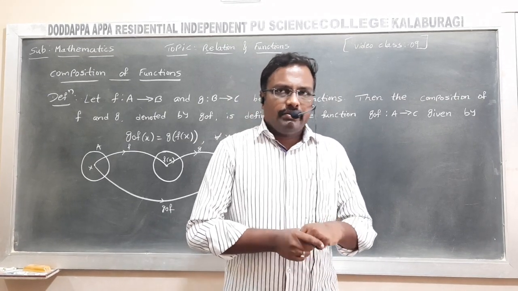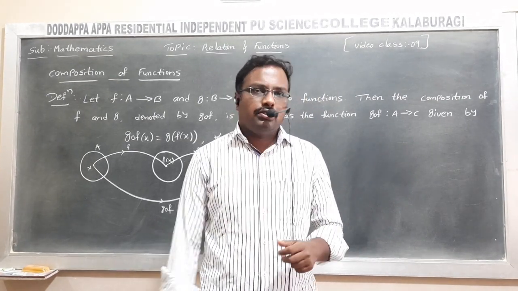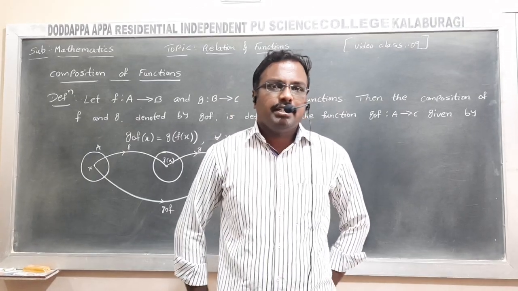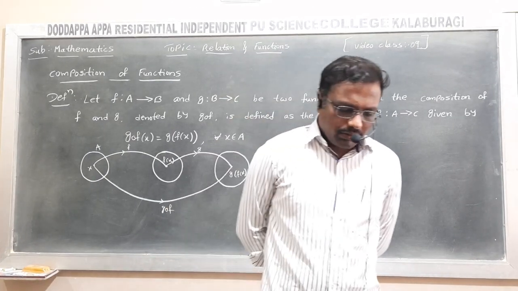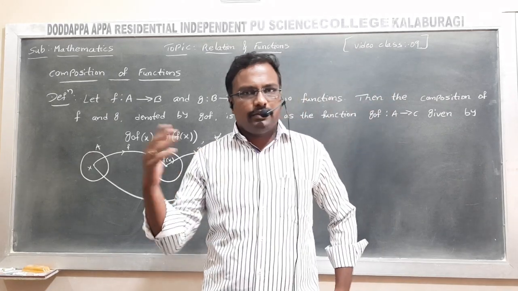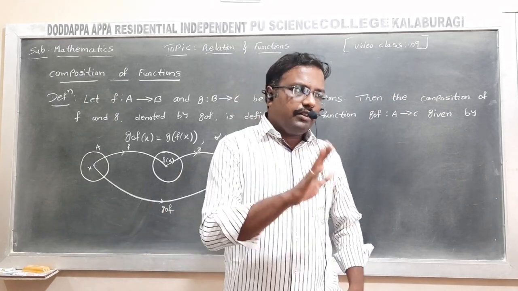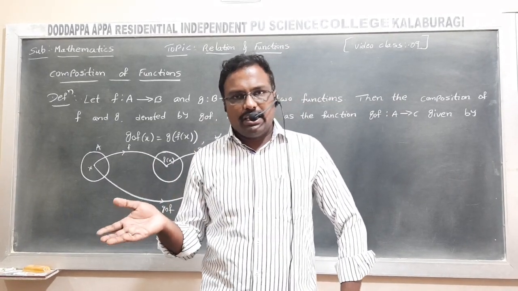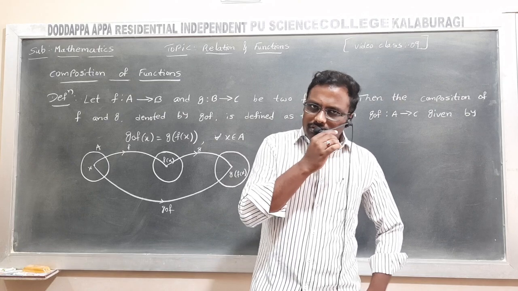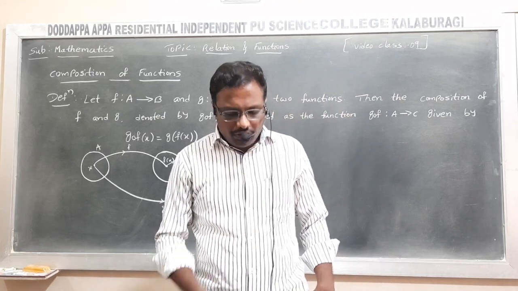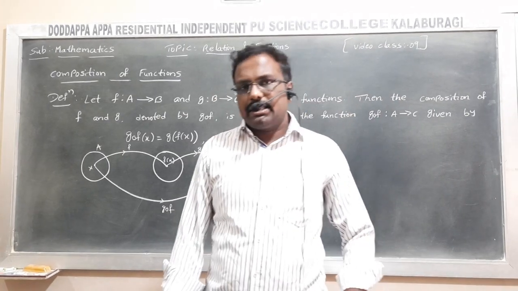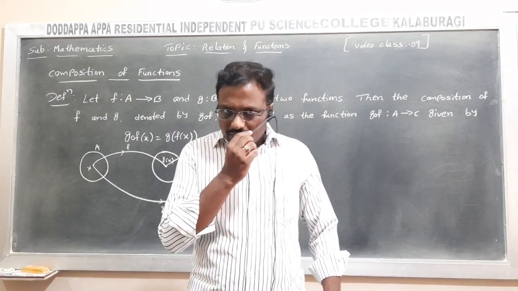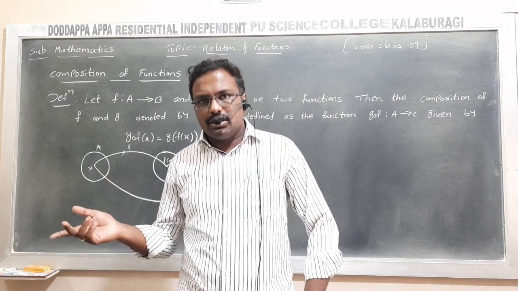Yesterday we completed the types of functions. In that, one-one is studied, onto is studied, and bijective function you already studied. One-one means different elements have different images, or if f of x1 is equal to f of x2, then if we simplify we get x1 equal to x2. Onto means if f of x equal to y, then if we simplify we get f inverse of y belonging to the given set.